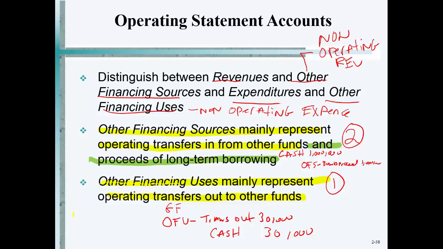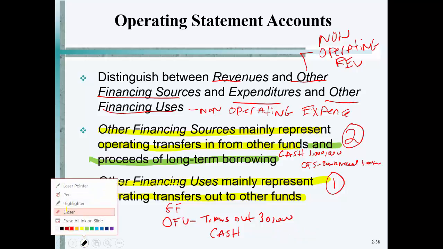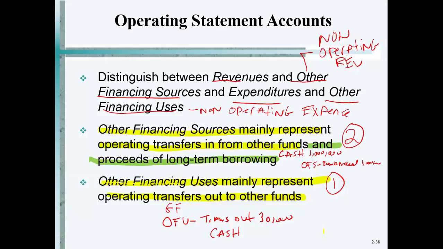I can't live with debit and credit not being shown properly. Sometimes my accounting 100 students will want to write them right underneath each other, and I say, no, you have to write it over to the right. Okay, so what happens? We debit other financing use. We credit the cash for the cash that's coming out. There's my other financing use. There's the transfer out, right? Is that the transfer out?